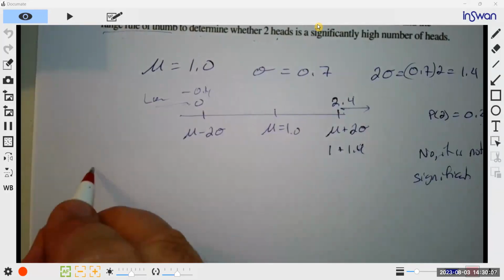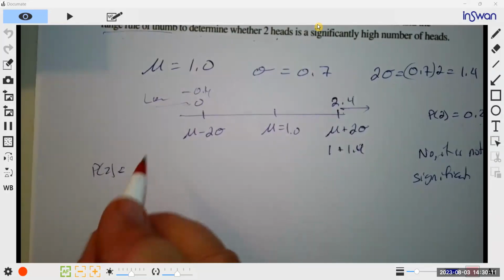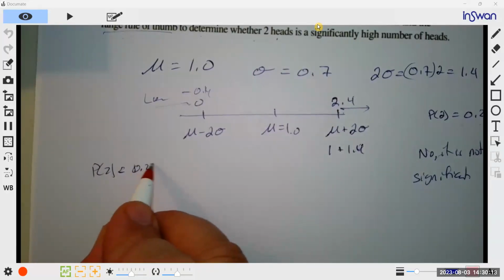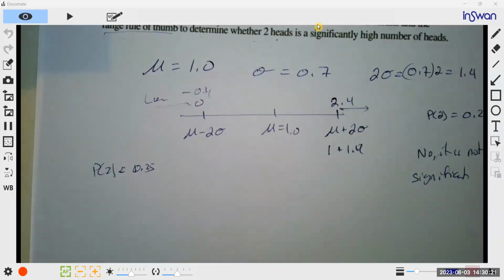And we did that. We found the probability of 2 as 0.25, and so it's not. All right. Let's look at another example.